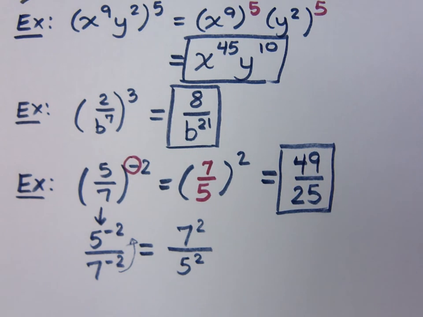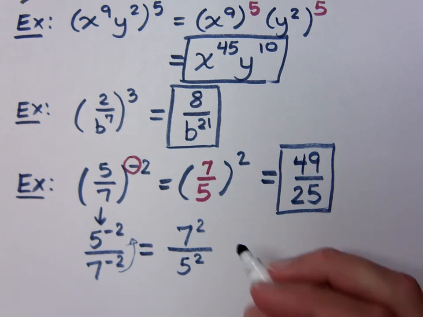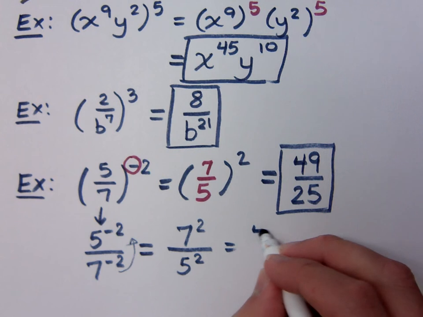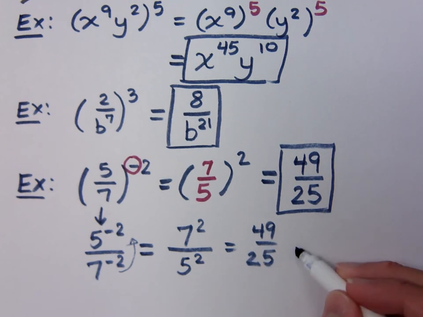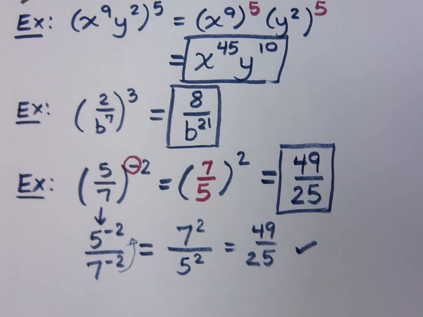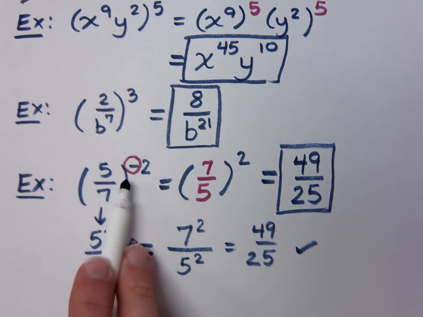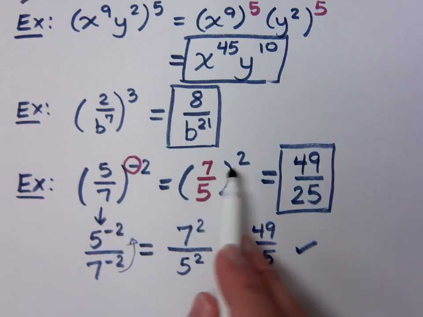And then what does that become? 49 over 25. Any other questions about that? I would prefer to just use up the negative and do the reciprocal, because then everything is just positive exponents. Boom, boom, you're done.